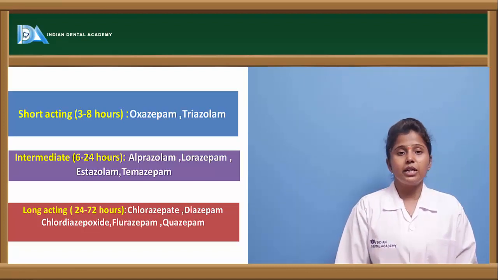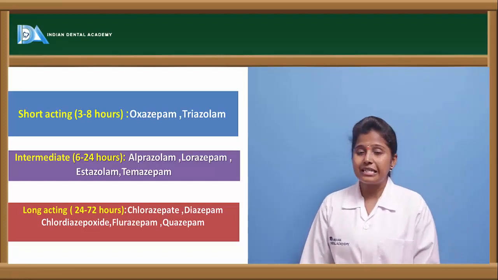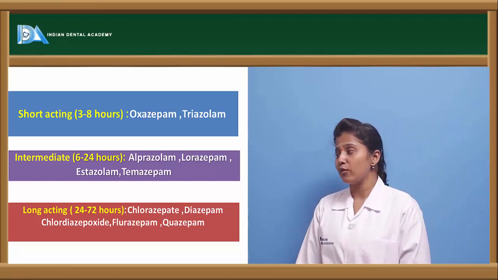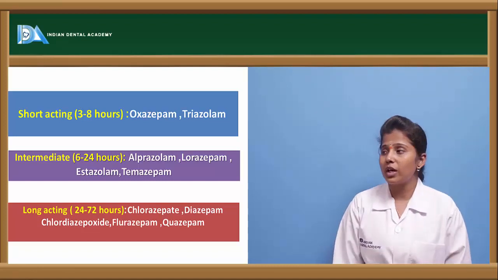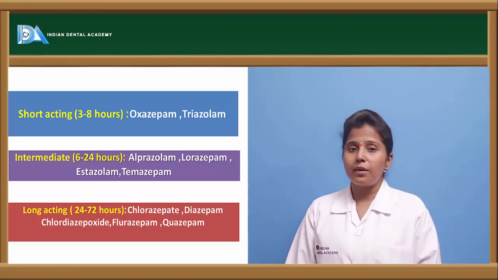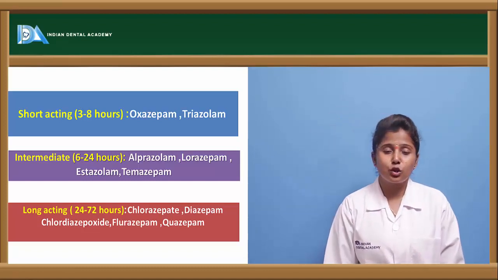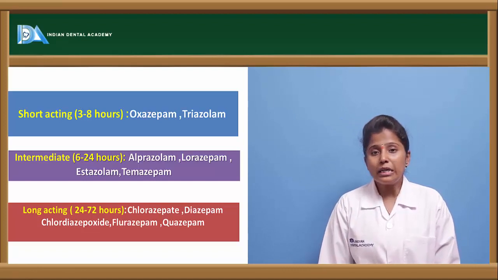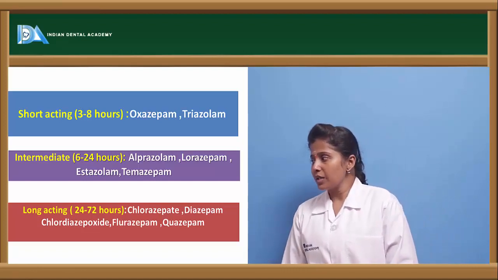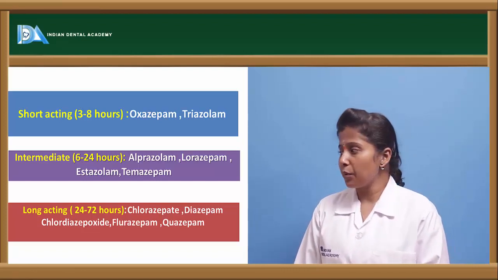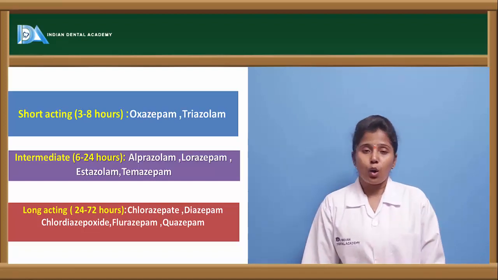Intermediate or medium acting drugs exert their actions within 6 to 24 hours, and include alprazolam, lorazepam, estazolam, and temazepam. The long acting drugs, which show their actions for almost 1 to 3 days, are clorazepate, diazepam, chlordiazepoxide, flurazepam, and quazepam.